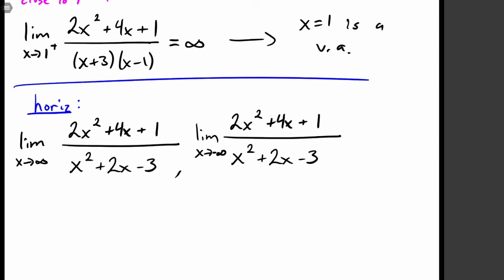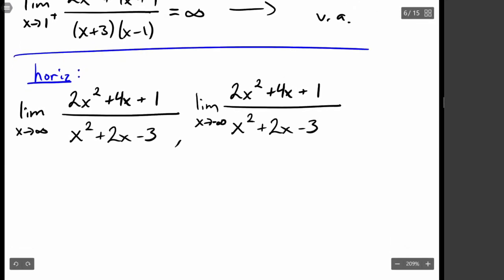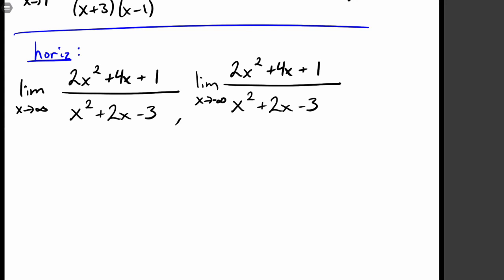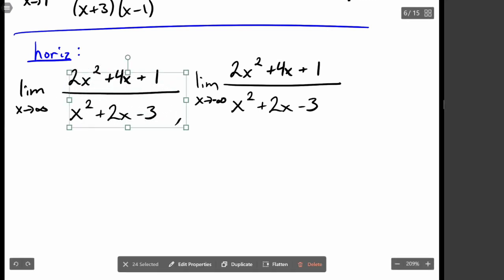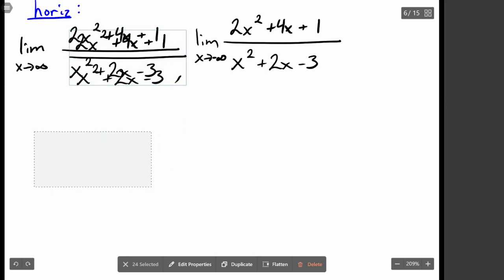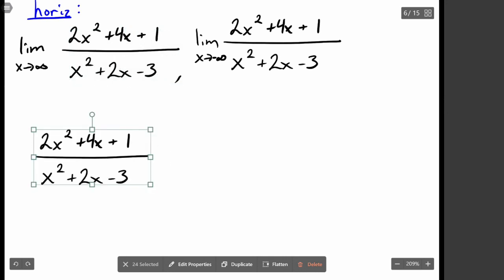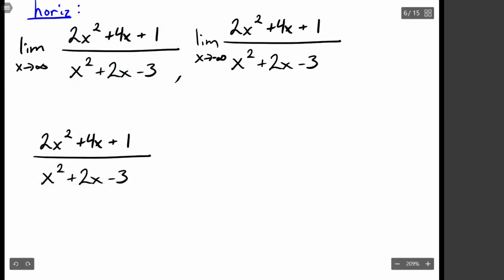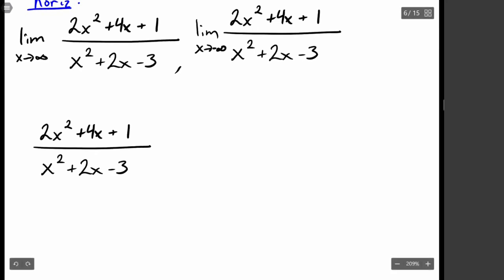Anyway, so we need to compute these limits here. So let's look at this expression right here. Duplicate that. We're going to do the same trick for both limits, so let's manipulate this first, and then we'll just compute our limits from there. So do you remember how we have to do this?